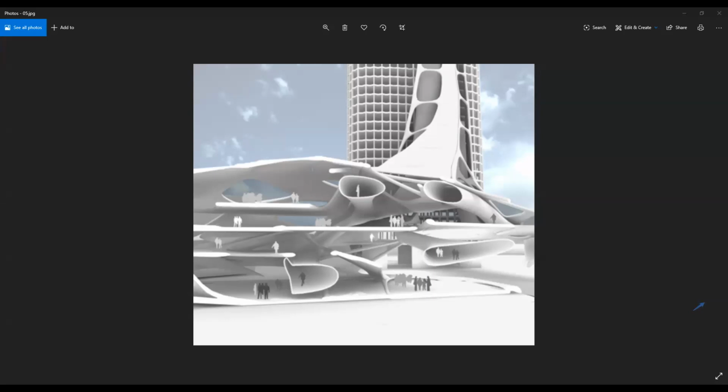So in those days, we used lines to represent our building elements. But when we go to the era of optimization, that is the era of BIM, we're no longer using lines. We're now using the actual elements.